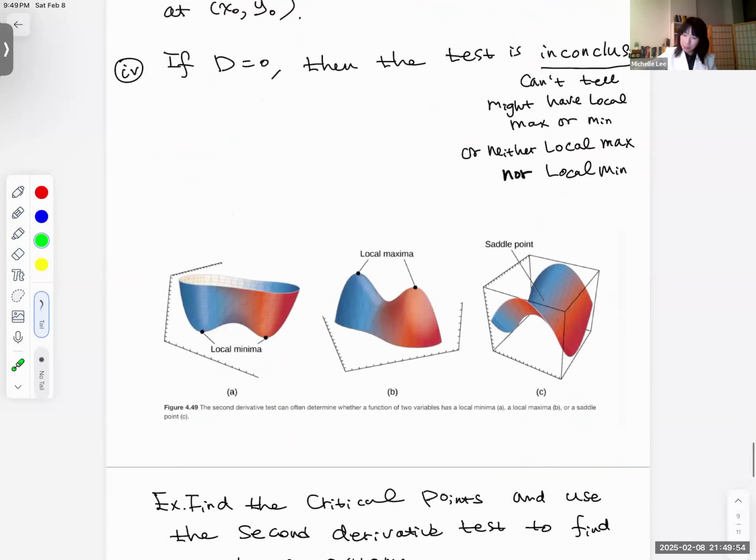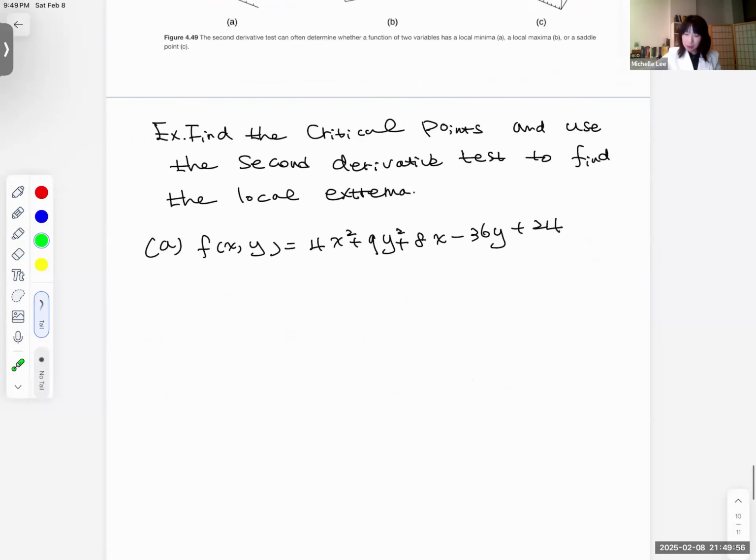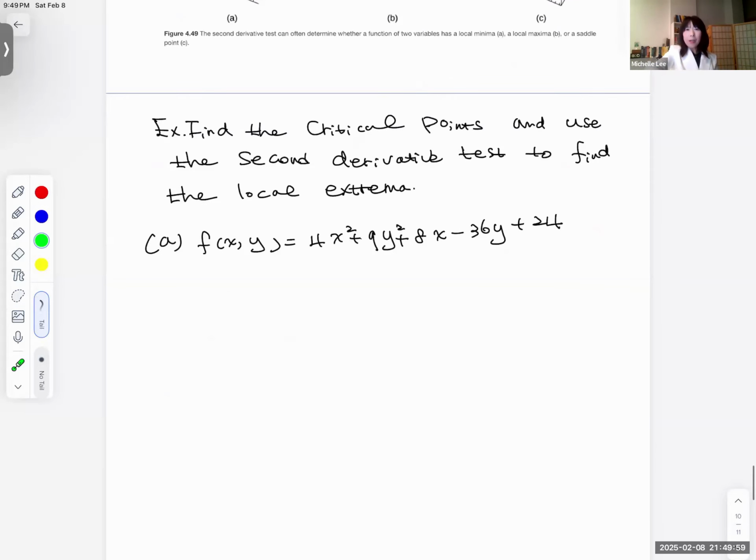Okay, let's do an example. Let's do a couple of examples here. All right, so find the critical points and use the second derivative test to find local extrema, local maximum or local minimum, right? Okay, so let's find the critical points first, right? So how?